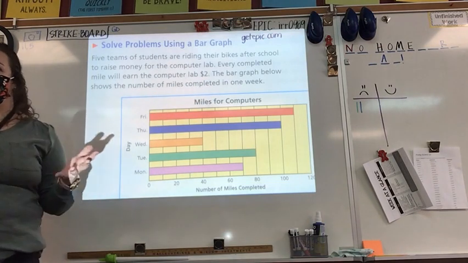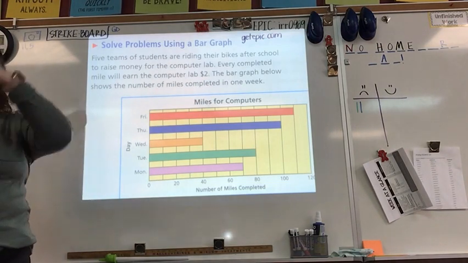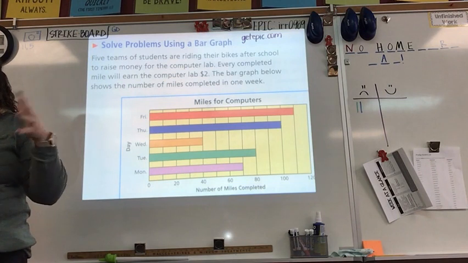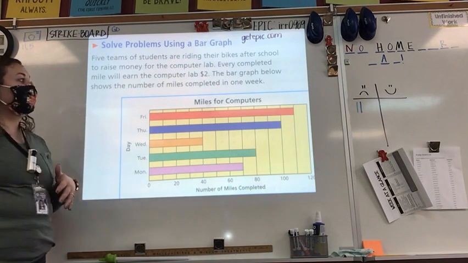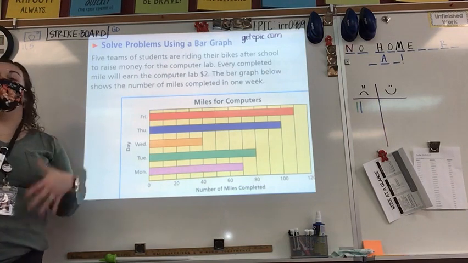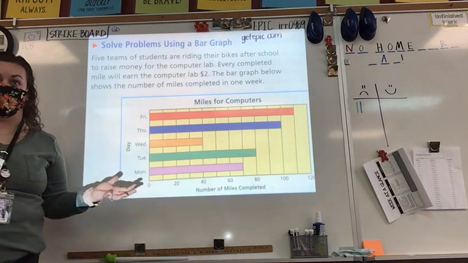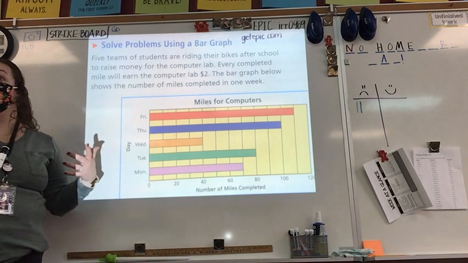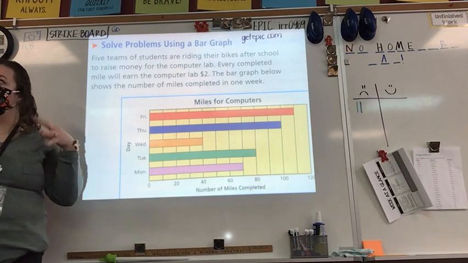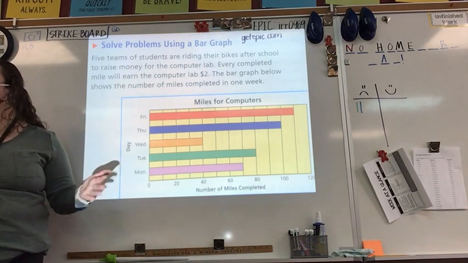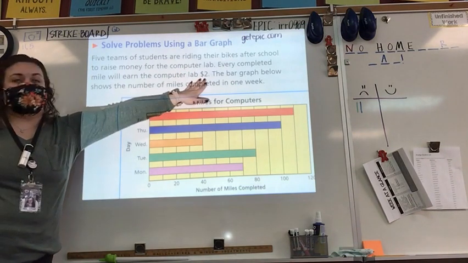So it's a fundraiser. If they went 5 miles, we would multiply it by 2, and how much money did they earn? $10. If they rode 10 miles, we would multiply that by 2. How much money would that be? $20. So it's just something you have to keep in the back of your mind, that to figure out how much money they earned, you would times by 2, right?